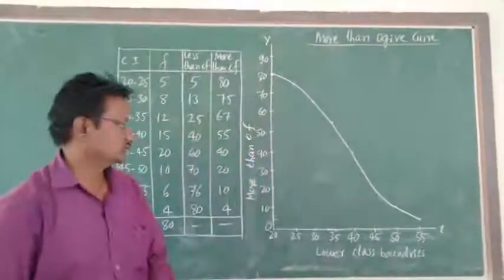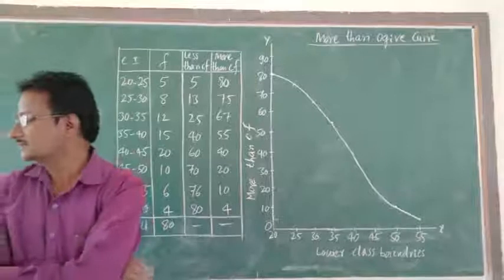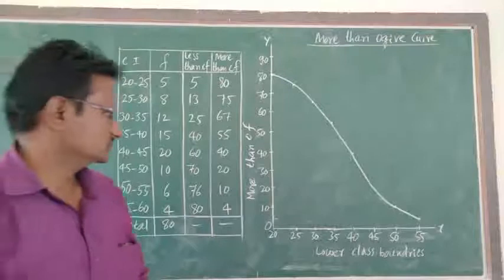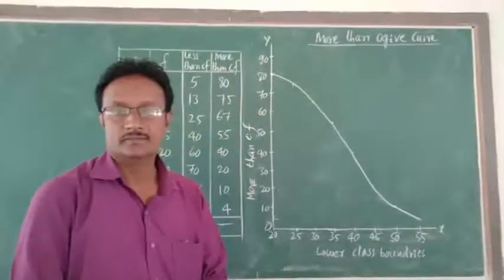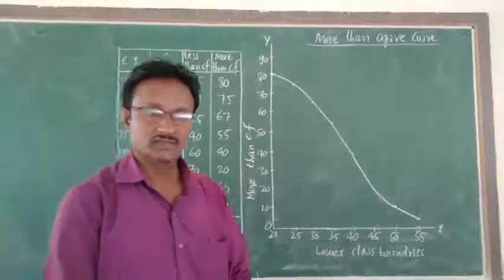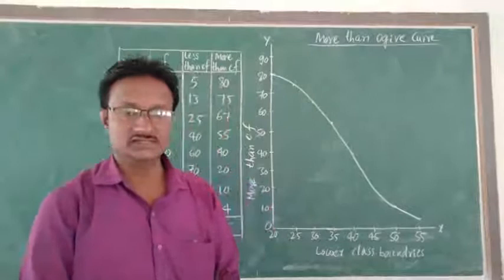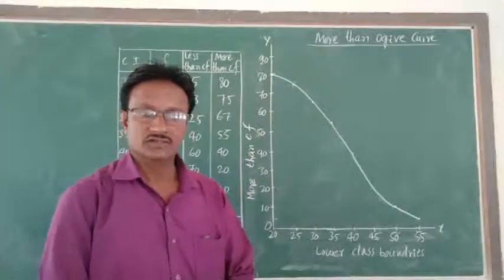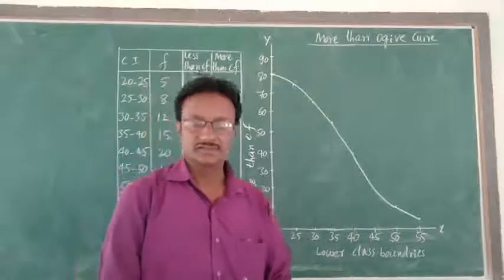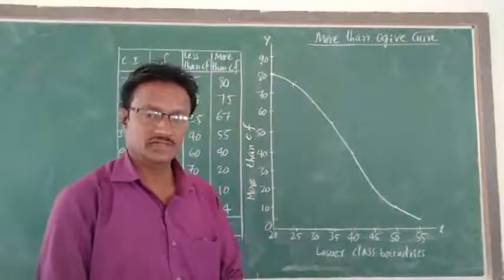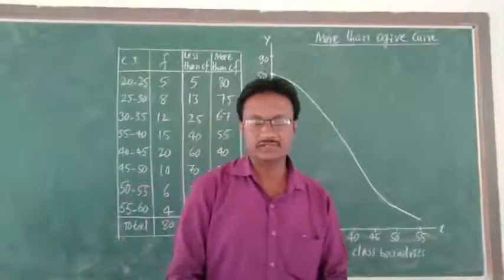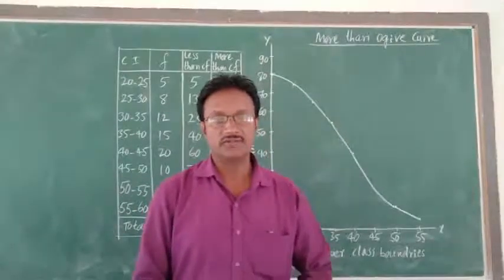Less than ogive curve and more than ogive curves are also used for calculating median, that is middlemost value. Next, quartiles. Quartile is a partition value which divides the series into 4 parts. Deciles are also partition values which divide the data into 10 equal parts.